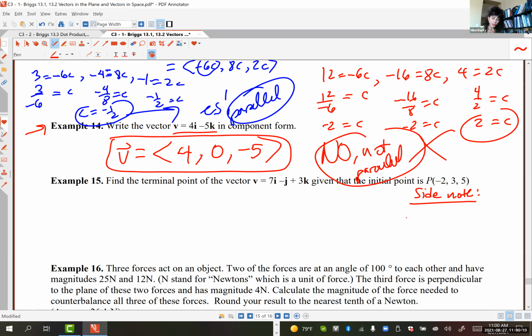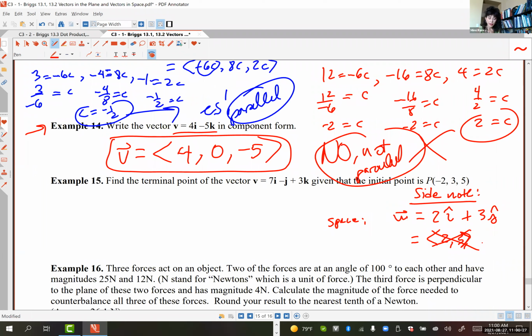What if somebody told you, here's a vector in space, W is equal to, I don't know, 2I hat plus 3J hat. And then I was going to put it in component form. This would be wrong. Well, how come?